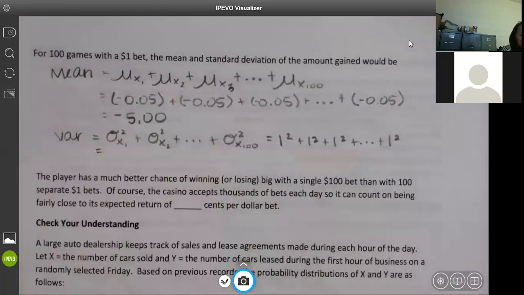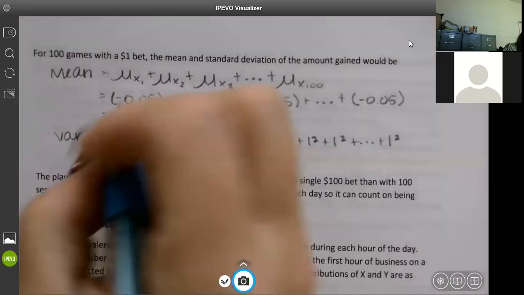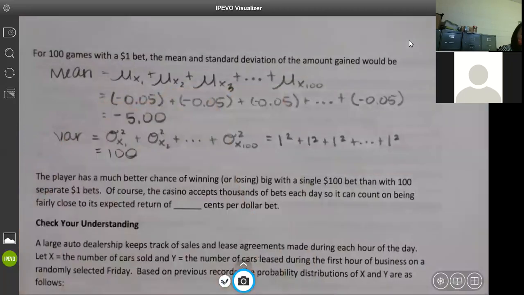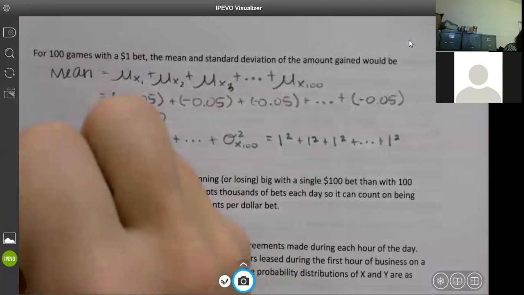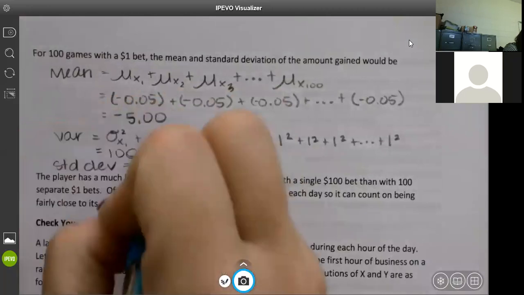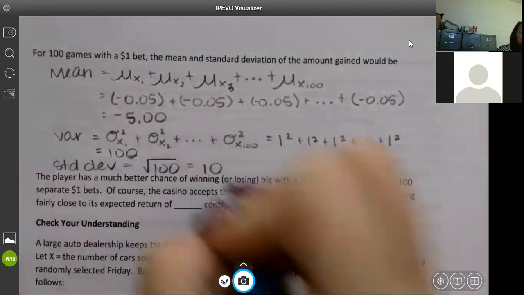So 1 squared is 1, added to 1 100 times is 100. But that's the variance. How do we find the standard deviation? Yeah, we're going to square root that 100, which gives us 10.